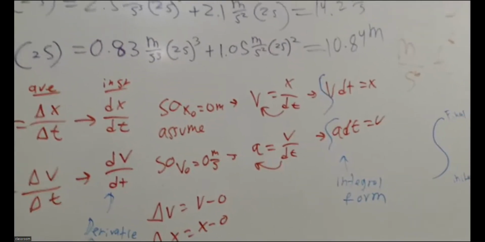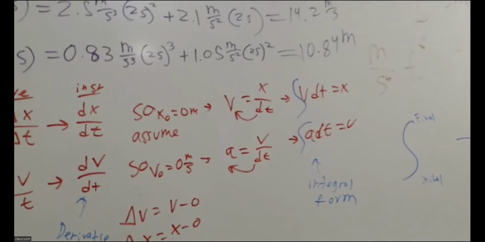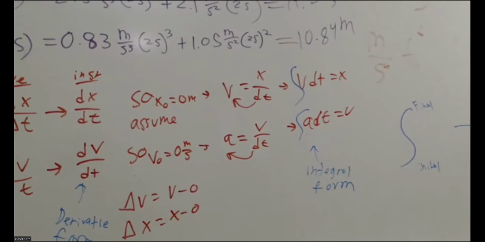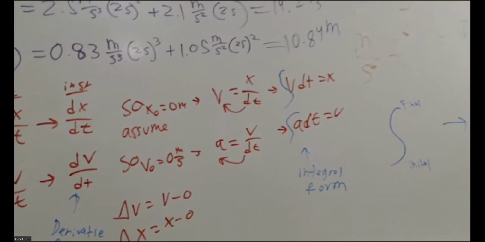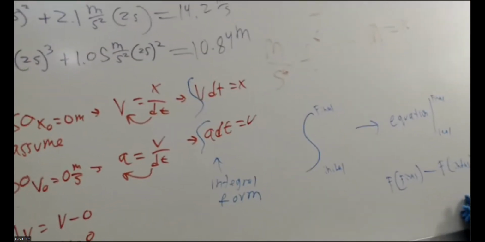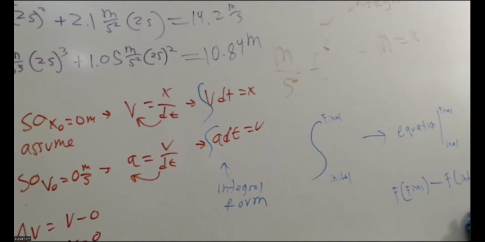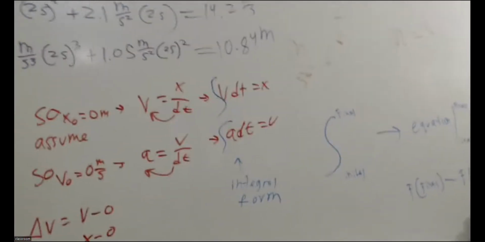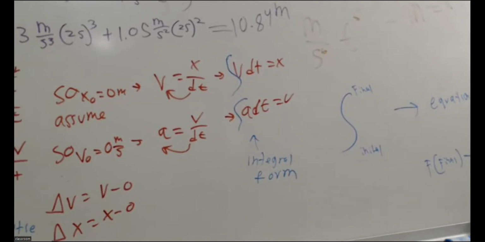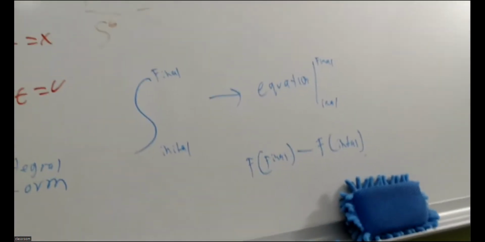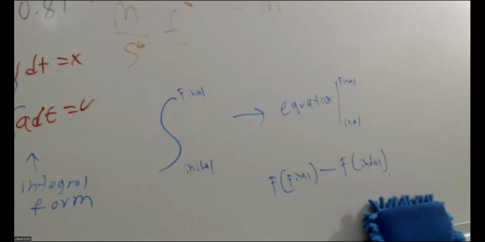So I'm saying you can assume x naught is equal to 0 meters or v naught is equal to 0. Just because that's what makes sense in my head to get the integral form. But technically that's just the integral form and you just memorize that. And then for the integral, you're solving it at the final and the initial. So that would be your notation.